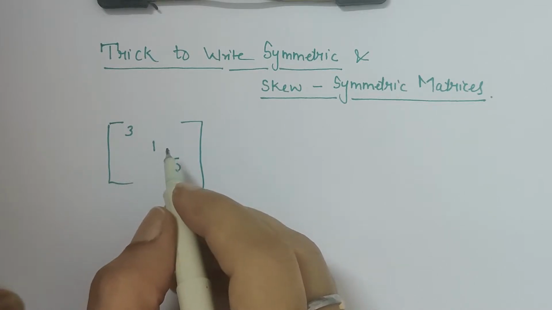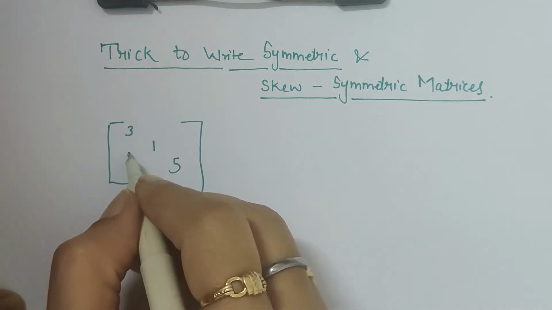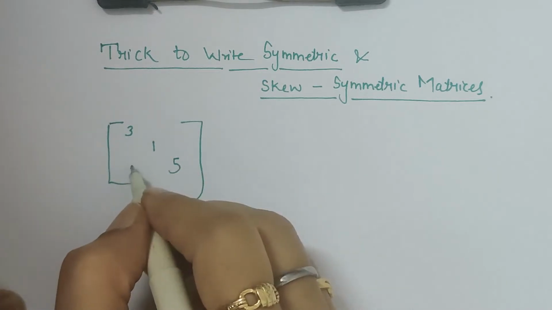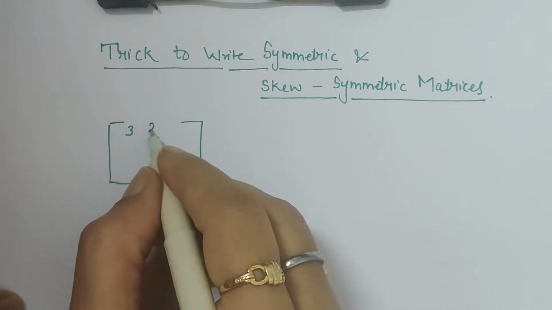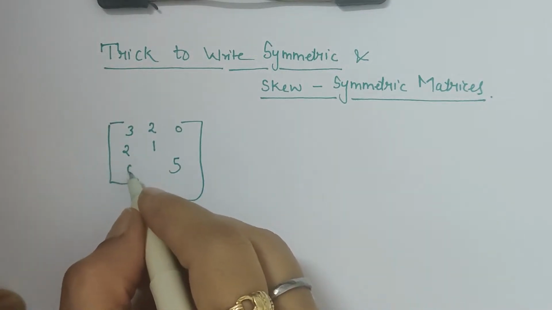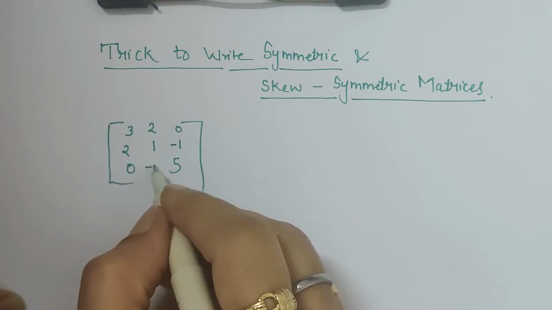And what you have to keep in mind is that whatever entry you put here, the same entry you have to put at the corresponding position as well. Like if I put 2 here, here also 2 has to be there. If I'm writing 0 here, here also 0 should be written. And if we are writing -1 here, here also -1.